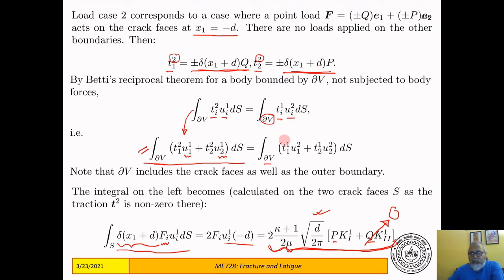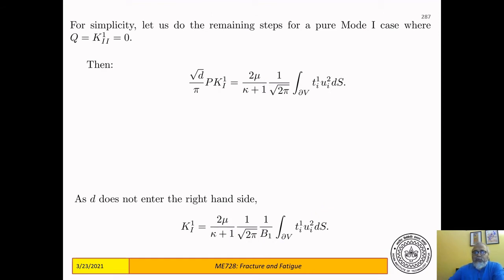So this right hand side, which is integral over delta V of Ti1 ui2 dS, times this quantity taken to the other side, gives you this expression.